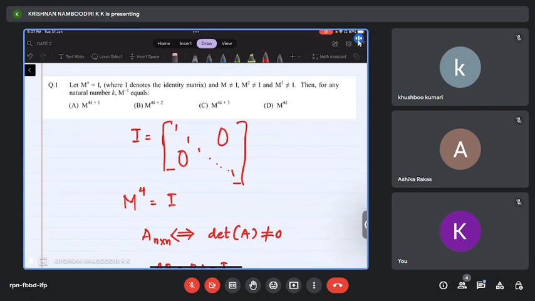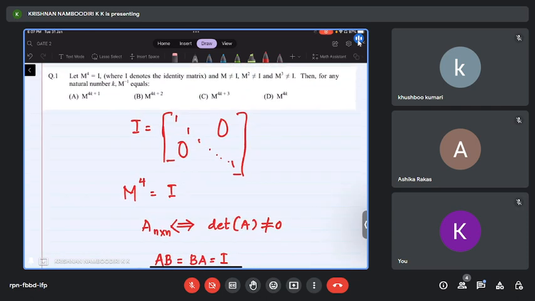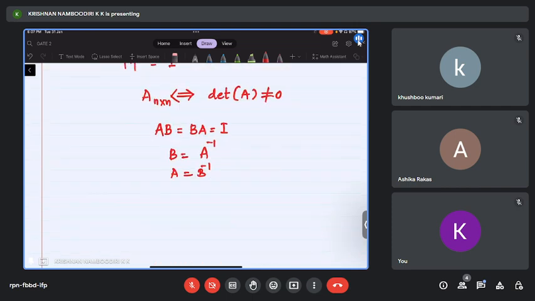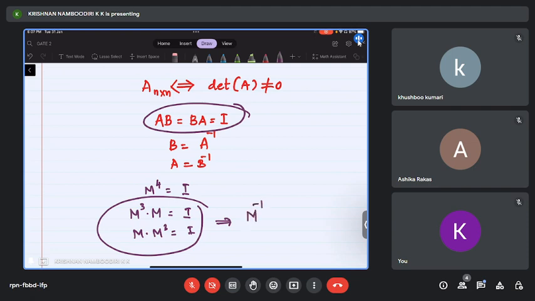Now in the question it is told that m power 4 equal to I. Then for any natural number k, m inverse equals to. So m power 4 equal to I means m cube into m, that is m power 4, which is equal to I. Or m into m cube, which is also m power 4, which is also equal to I. That means if you compare this and this, m inverse is nothing but m cube.